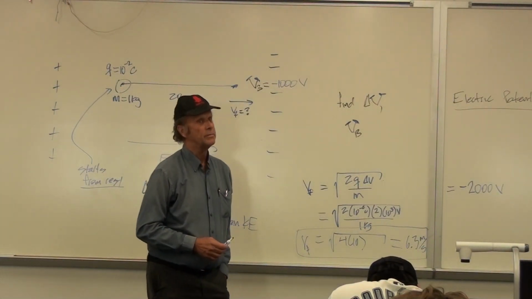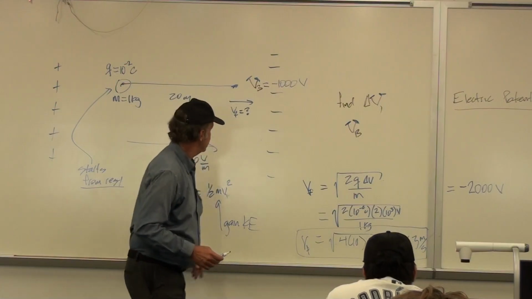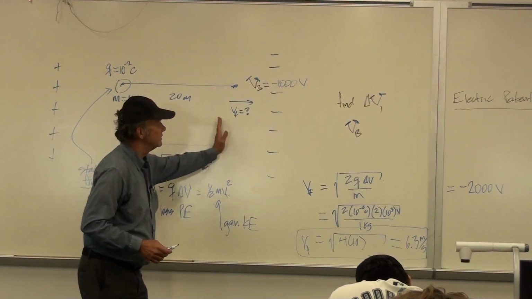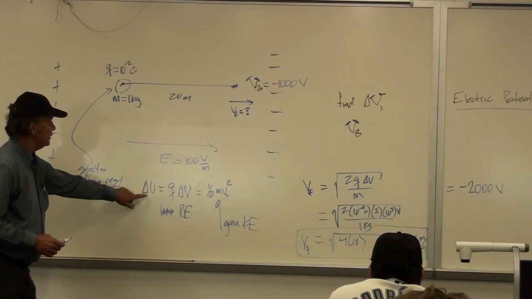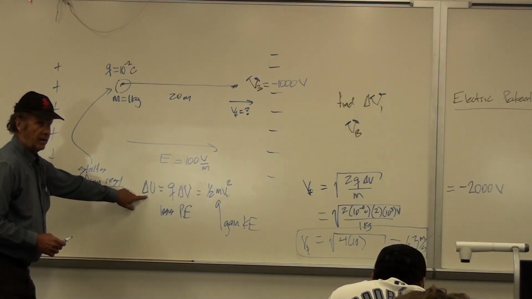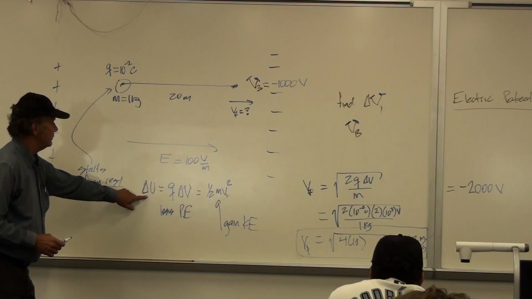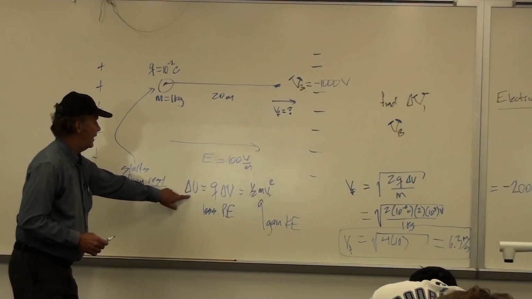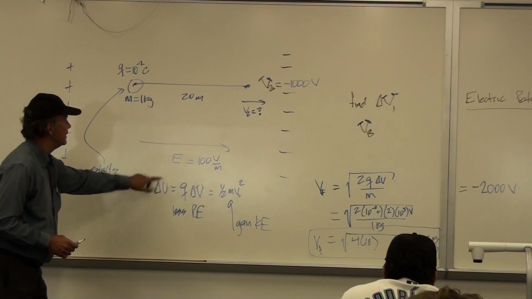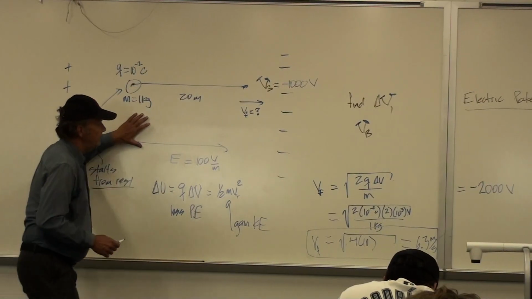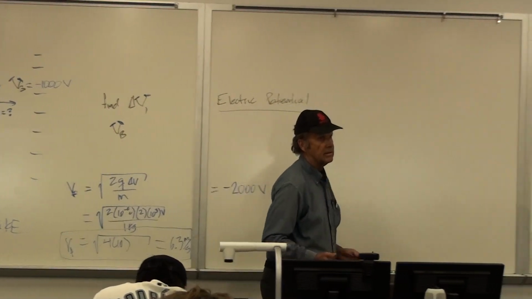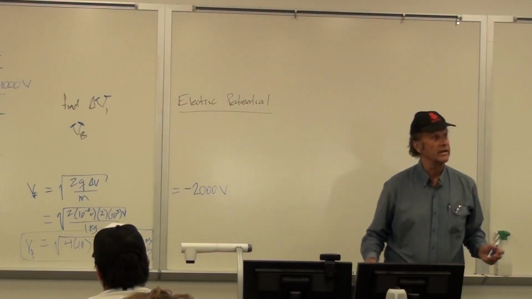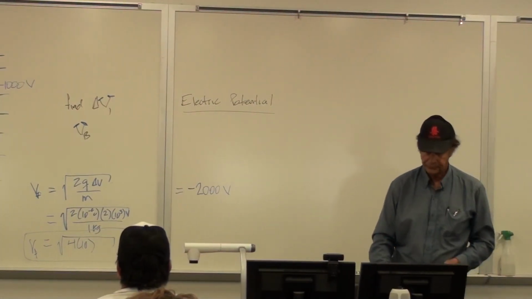That's a really big plus: if the electric field changes over this distance, you can still use this energy method. That's the biggest advantage of the energy approach, because there are only a very few kinds of situations where the electric field is constant. In the rest of the situations, the electric field will vary.